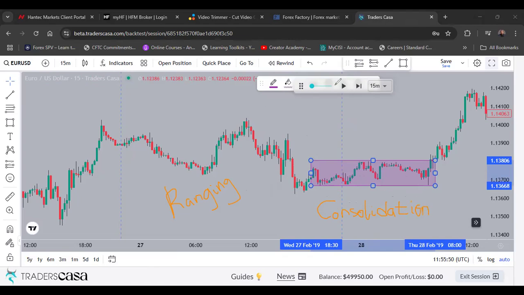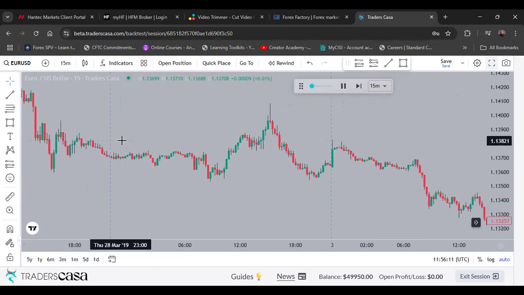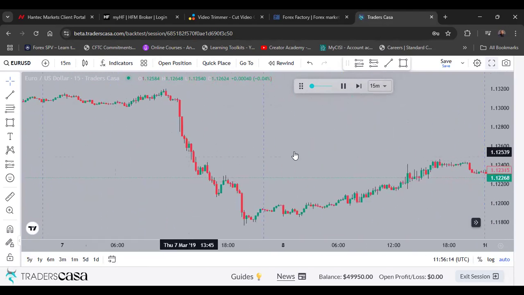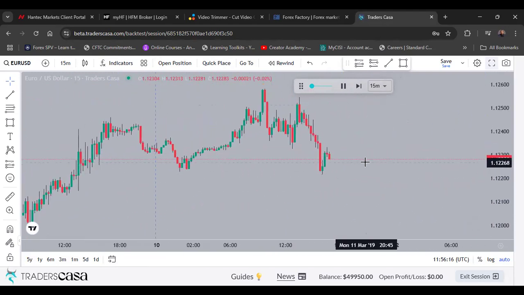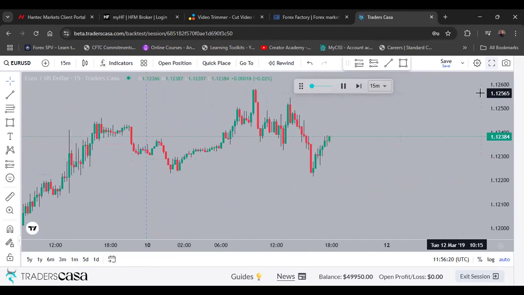Okay, so let us now go and observe this same Euro USD chart. I've played the chart. This is the 15 minutes time frame.